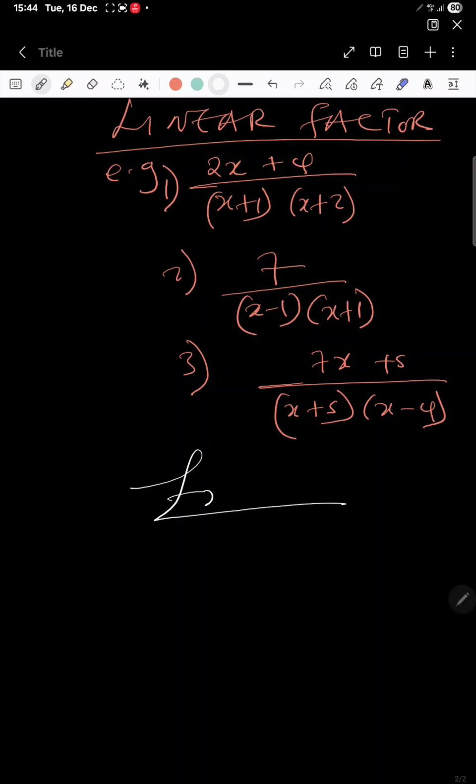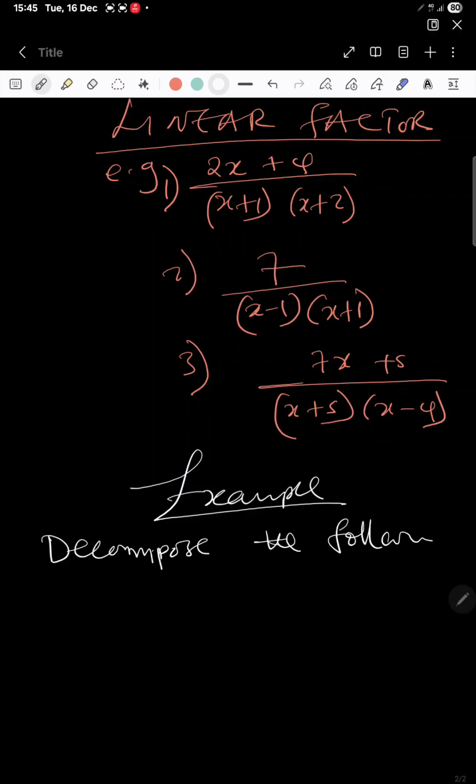The example is: decompose the following into partial fractions.